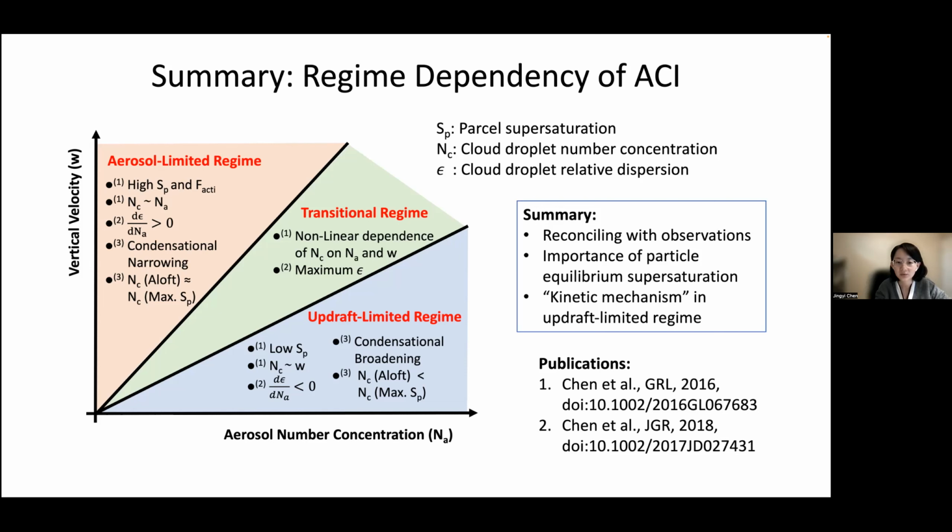One possible explanation of this overestimation is that we miss some physics, some processes there. This research is one possibility, when we may not consider the updraft limited regime. In the future, when we consider more physics and more processes, I think the climate models can estimate what happens with the cloud microphysics and the radiation better.